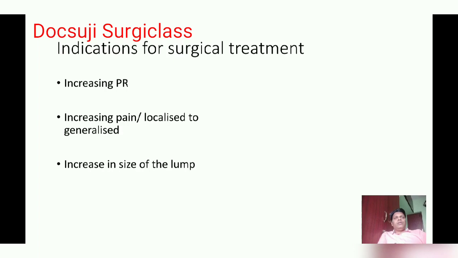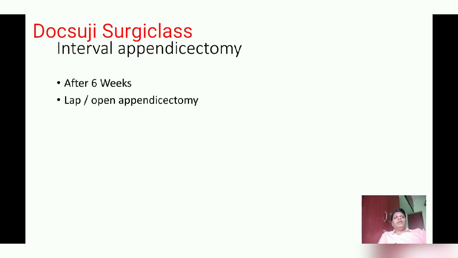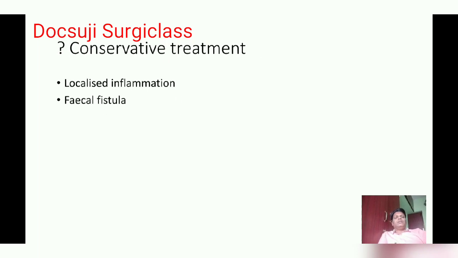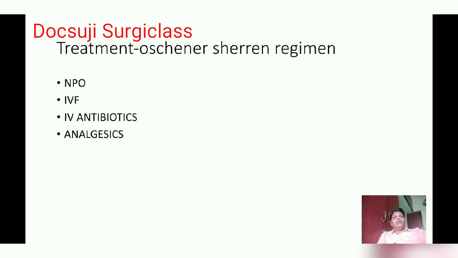Even in these cases, when putting the patient on the conservative line of management, what are the indications? Before that, this is part of the treatment. Apart from the vitals you are monitoring, you have to give this treatment: keep the patient nil by mouth, give rest to the gastrointestinal tract, and supplement with intravenous fluids.